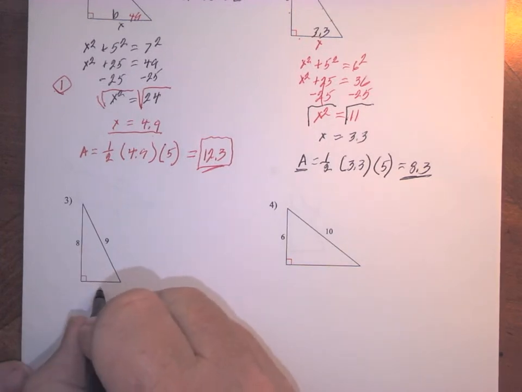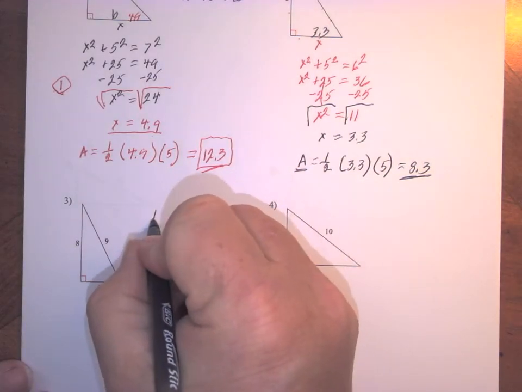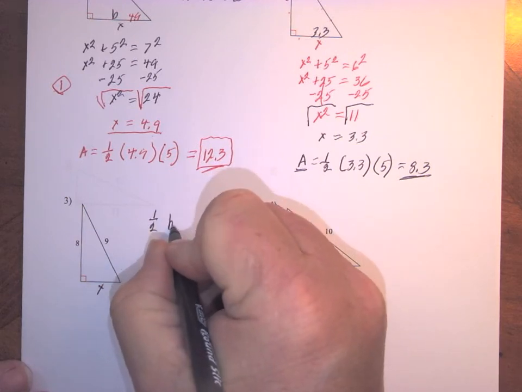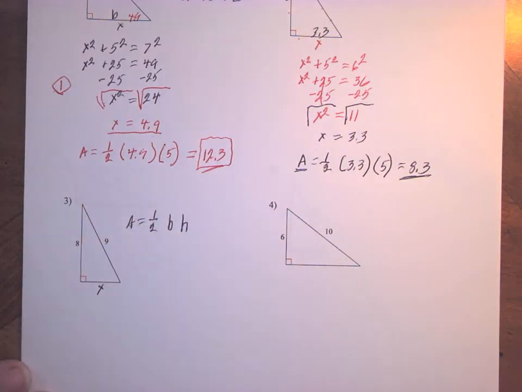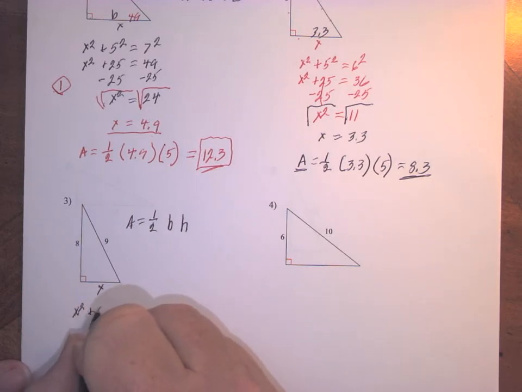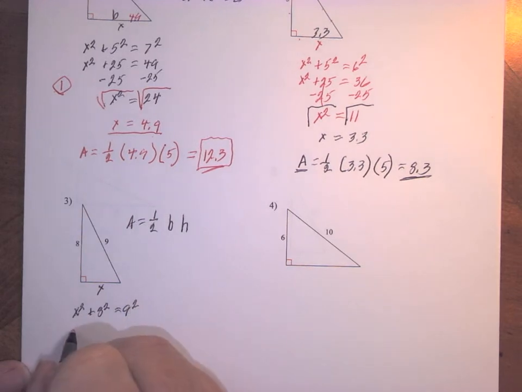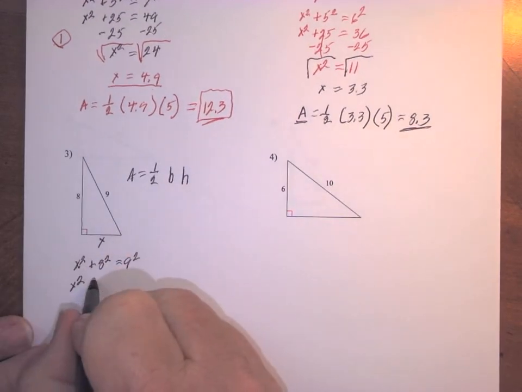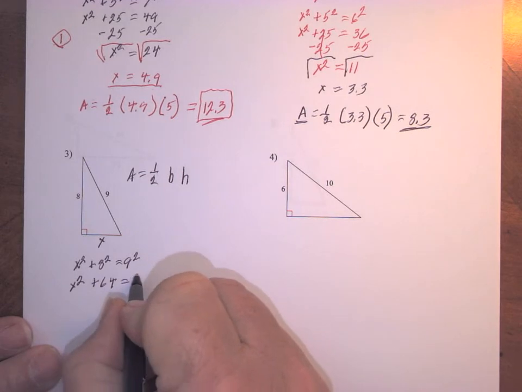And again, what we need is the base. All right, let's write this formula right down here again. 1/2 the base times the height. That's the area of a triangle. Okay, so we got to get a base. Folks, it's the same calculation. x squared plus 8 squared has got to equal 9 squared. And so we have x squared plus 64 is equal to 81.